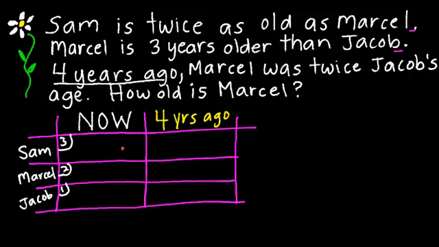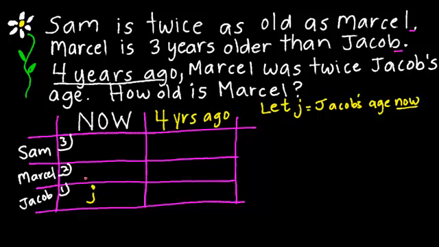It's very helpful to assign the variable to the youngest person, and I'm going to do that with Jacob. I think that seems to work best. So if I use J standing for Jacob, what I'm doing is saying let capital J equal Jacob's age now, and it's very important that I identify when that is.